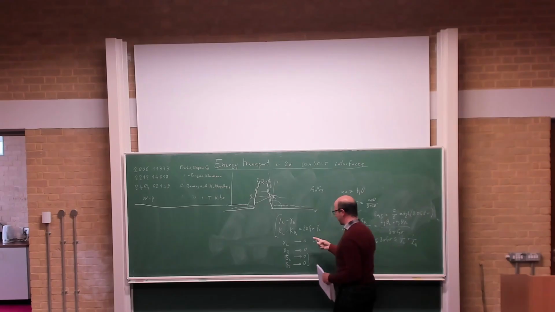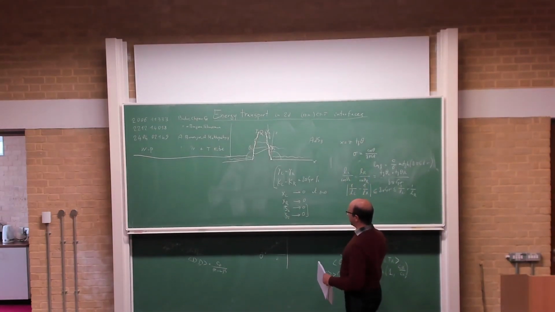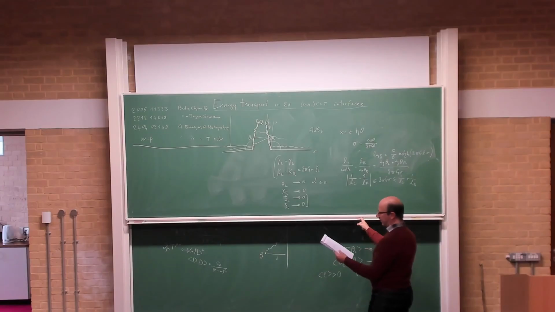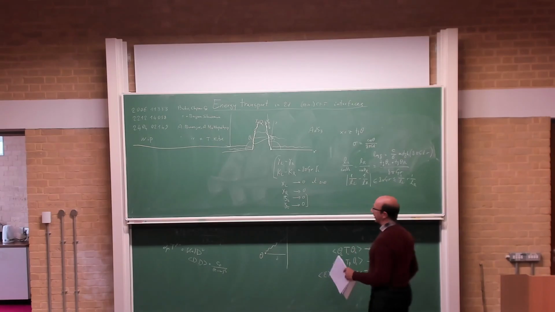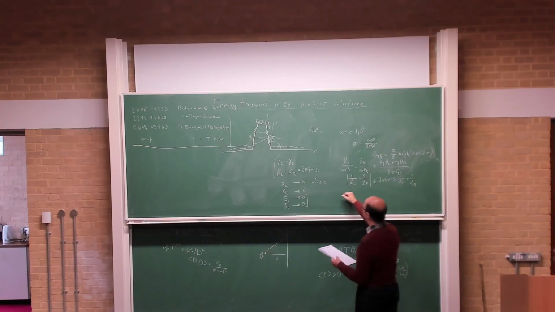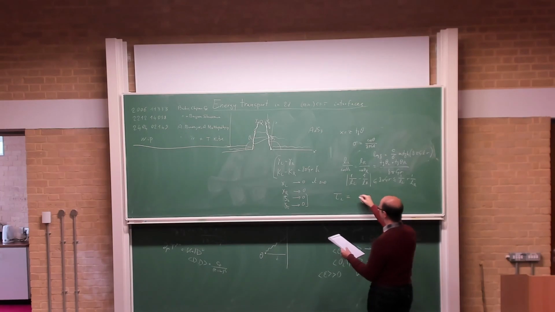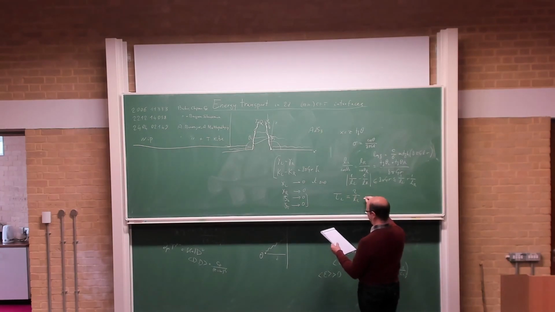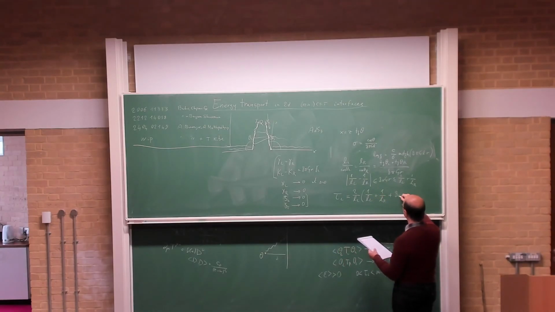This gives an additional condition that you need to fix the solution uniquely. And once you have the solution, you can then read off the fluxes and find the formula for the transmission coefficient, which is quite simple.